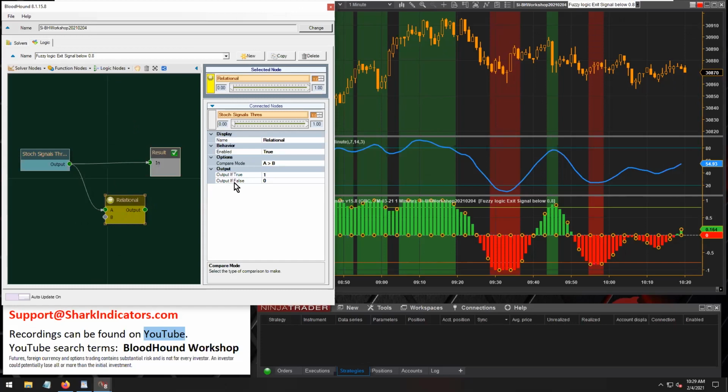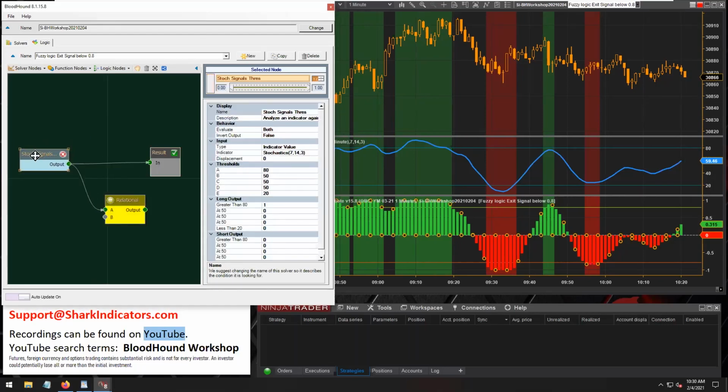Just to make sure that everyone understands what is actually being compared when we say is A greater than B here. But what we're actually going to want is to know when A is less than B. So remember our entry signal. Remember this threshold solver represents our entry signal values.